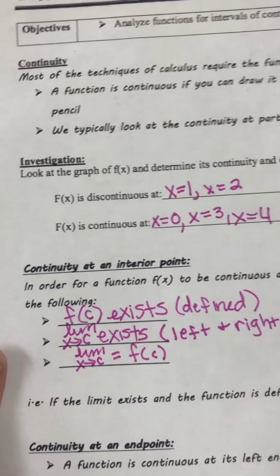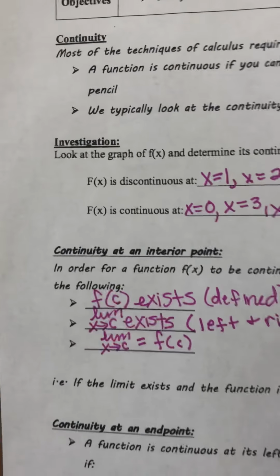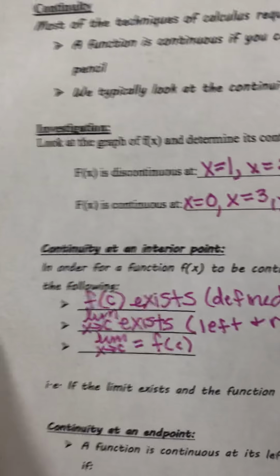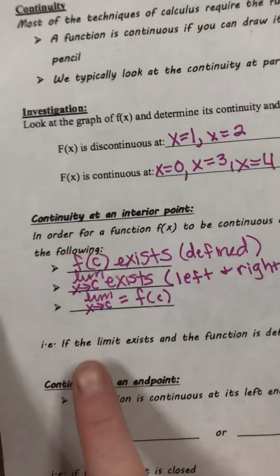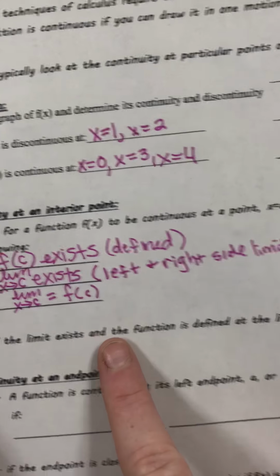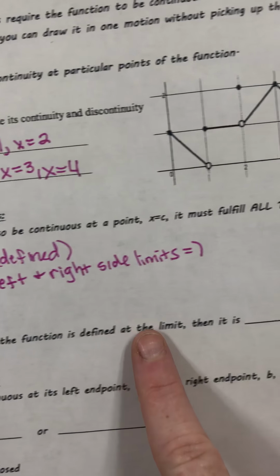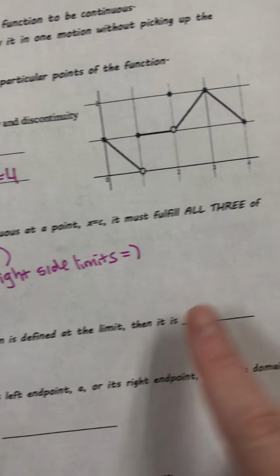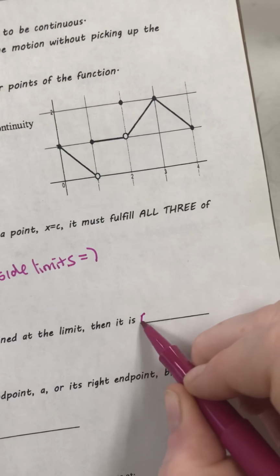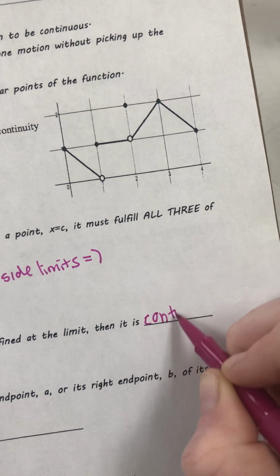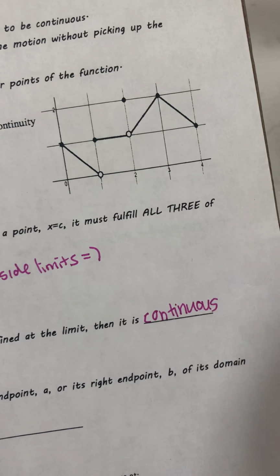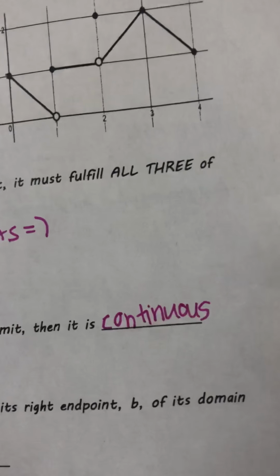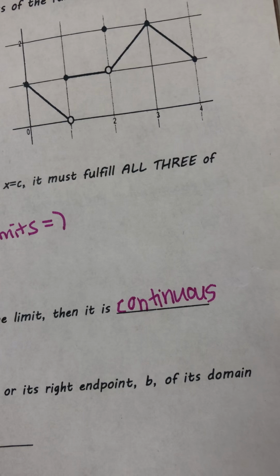Okay, they should equal each other. If all of that is true, then you have continuity at that point, okay? So in other words, if the limit exists and the function is defined at the limit, then it is continuous. Okay, and obviously we need this if we don't have a visual graph already. If you have a graph, you can just look at it.